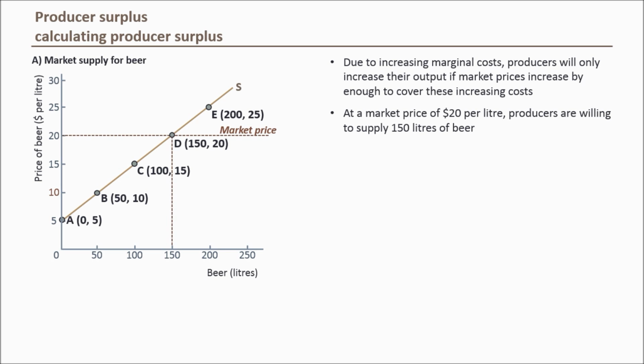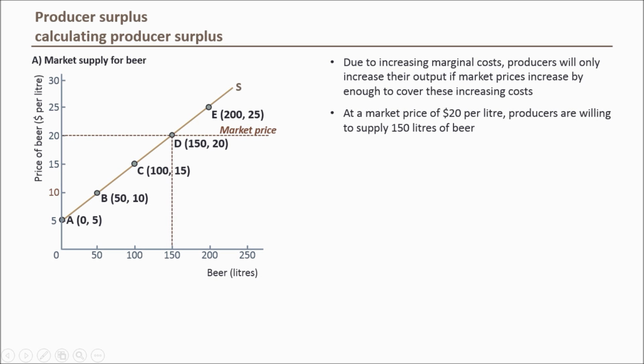But they can't produce more than 50 liters because production costs would be too high and therefore they would not be able to make a profit at that price level. But the current market price of $20 per liter at point D is much higher than the $10 per liter at point B, which means producers can produce more than 50 liters and still make a profit.